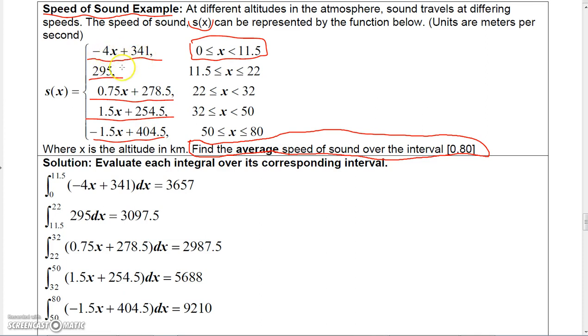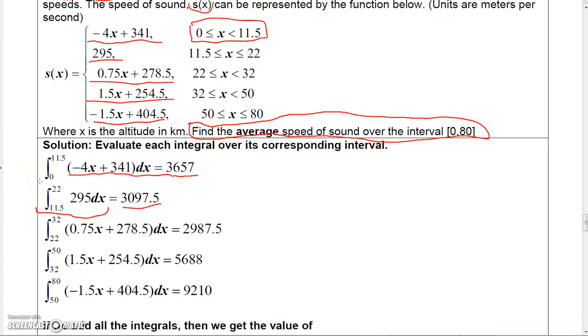For the first piece, I integrate 4x plus 341 from 0 to 11.5, and I'll let you do the evaluation, but I got 3657. Then if you integrate 295 from 11.5 to 22, I got 3097.5. Then the next function, over the range 22 to 32, when I evaluated it, I got 2987.5.